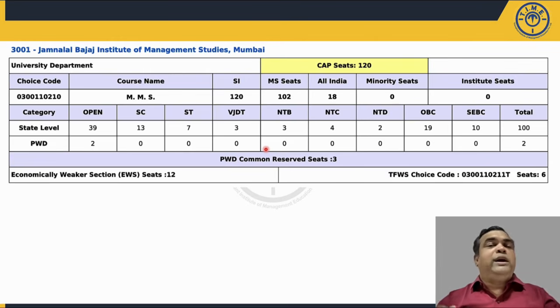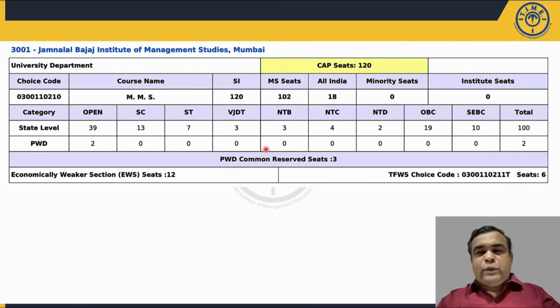Now what you need to understand is that for TFWS seats, the cutoffs are going to be higher. So if you are planning to get the benefit of the TFWS seats, but at the same time you are looking for a good college also, you need to fill your option form very wisely. Fine.